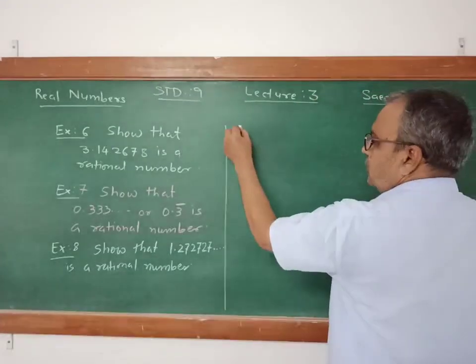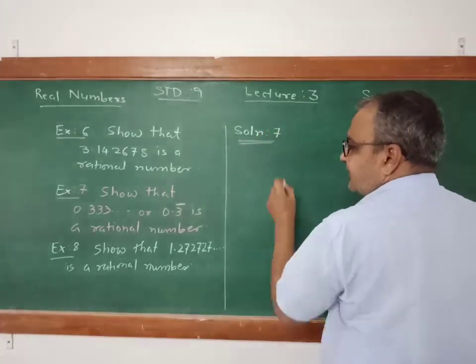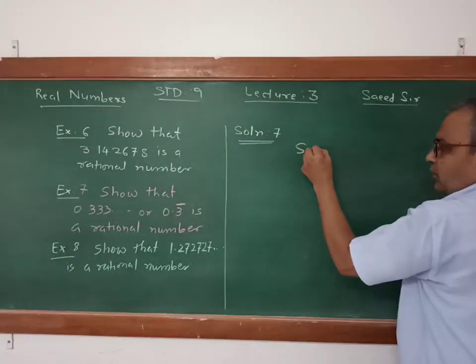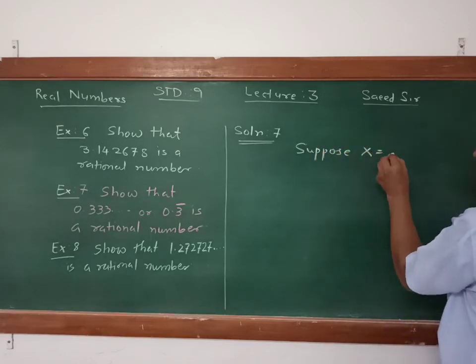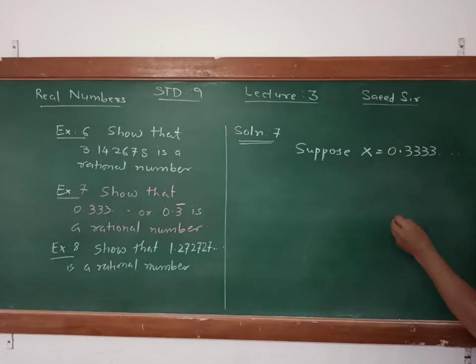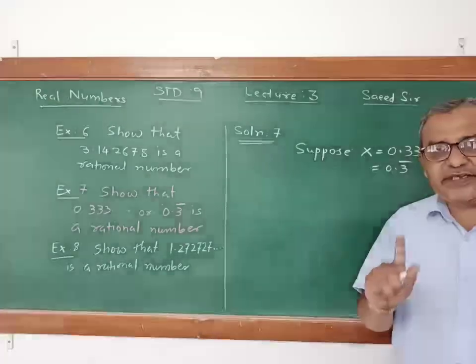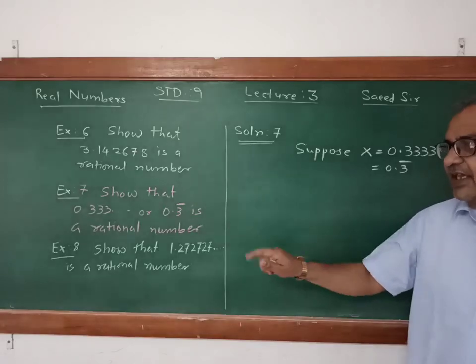For this solution, suppose x is equal to 0.3333... or we can say 0.3 bar. Now only one digit is repeating in this non-terminating string.